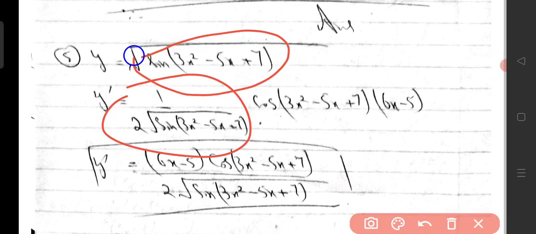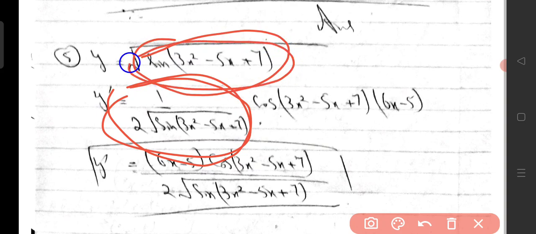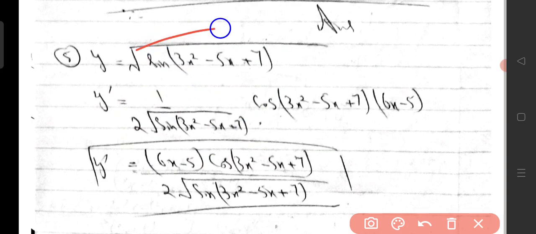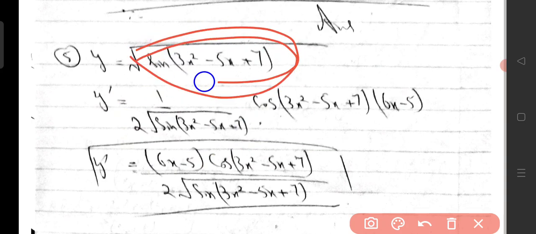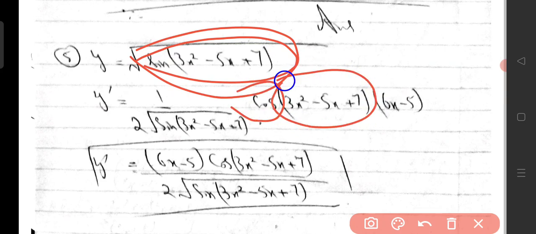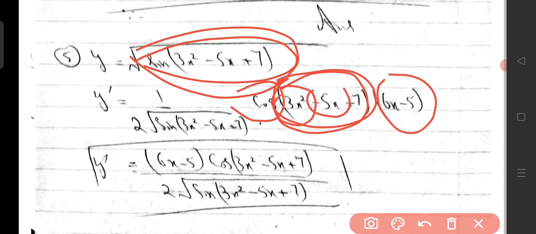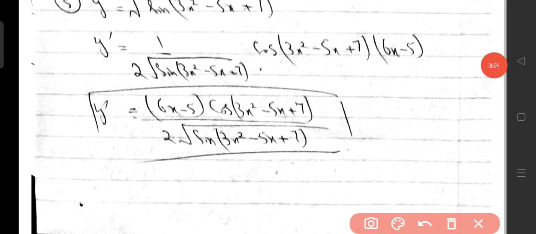You have a function like 1 over 2 root box, and then the derivative of sine of 3x square minus 5x plus 7. The derivative of sine is cos and the angle is the same, and then again the derivative of the angle 3x square minus 5x plus 7 is 6x minus 5. So finally you can write in this manner.